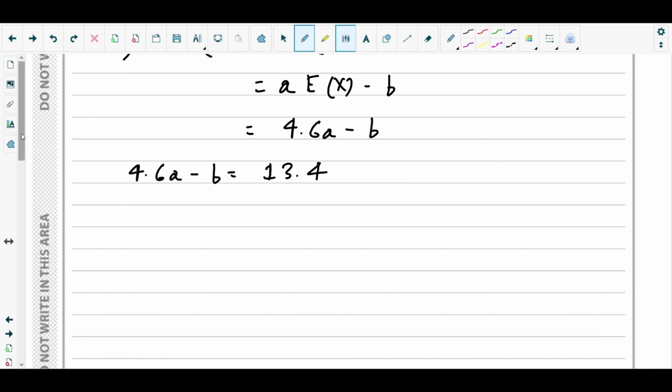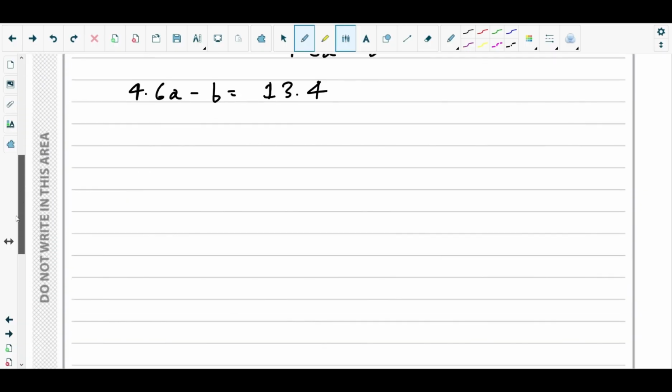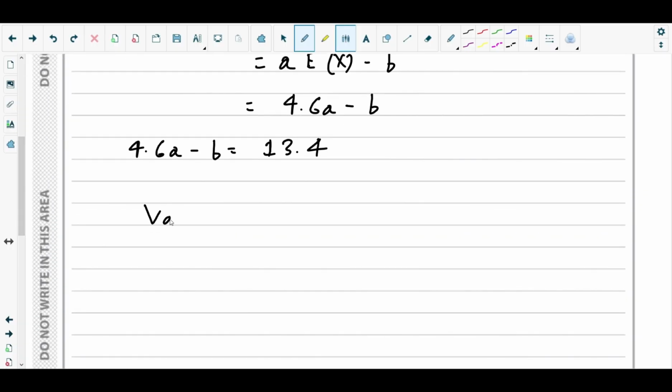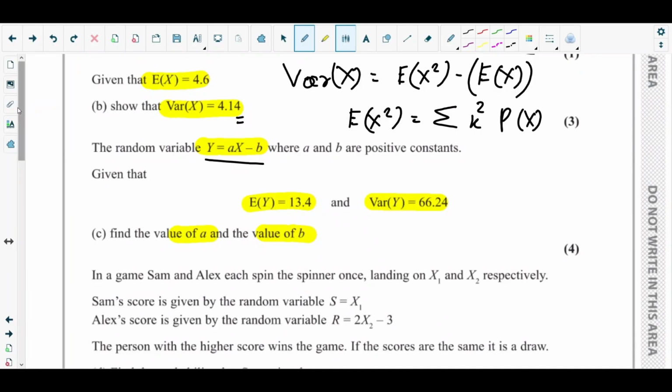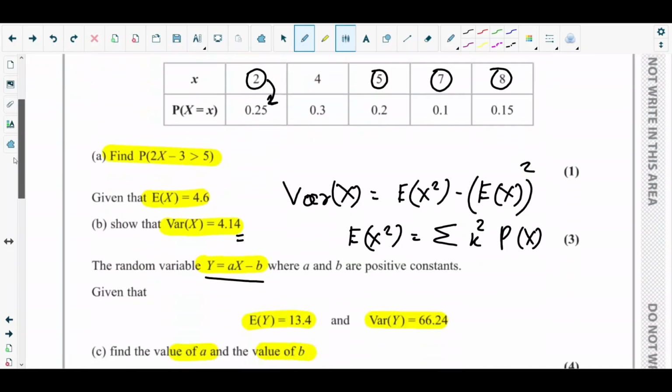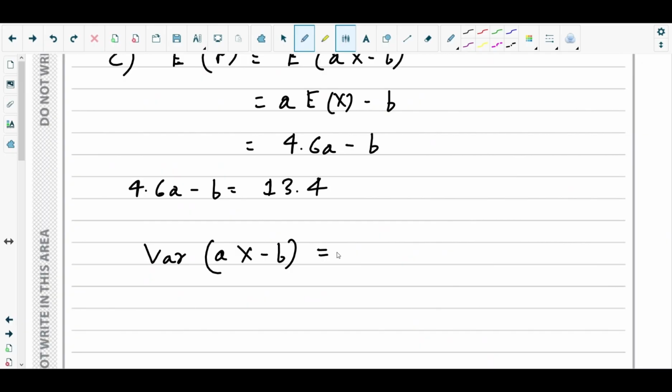Now second is the variance. Variance of y can be written as the variance of ax minus b, which is given as 66.24. Now for variance of ax minus b, we know that for subtraction or addition, the variance doesn't get changed.